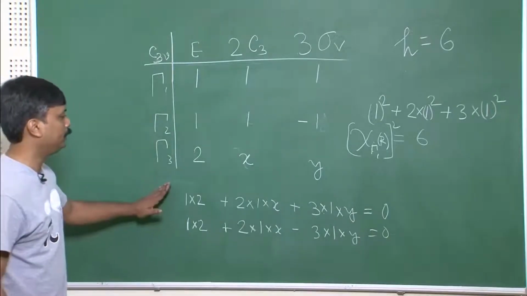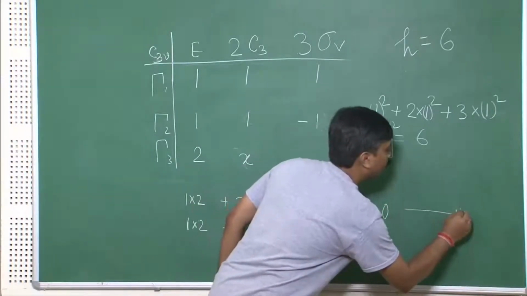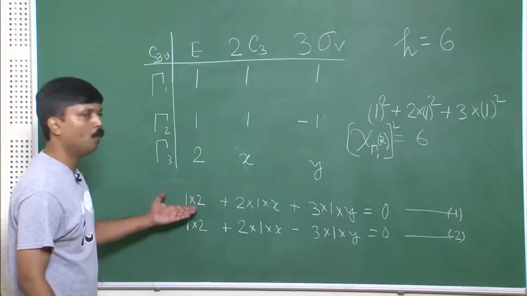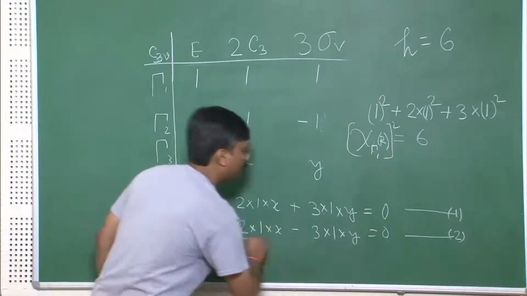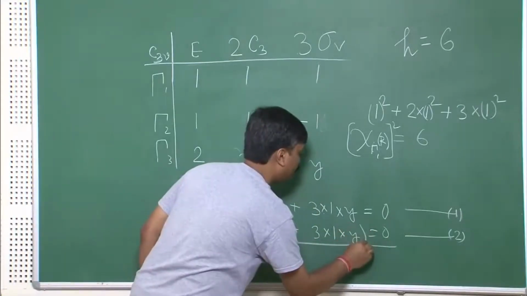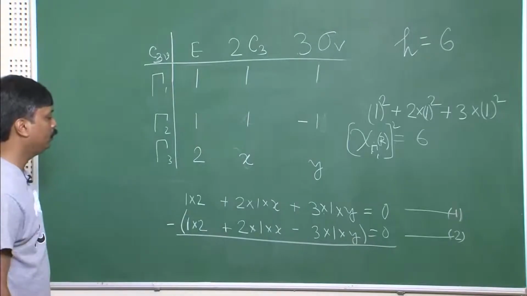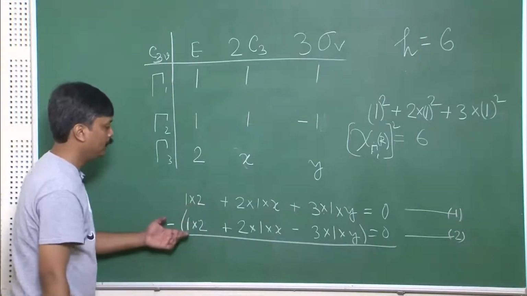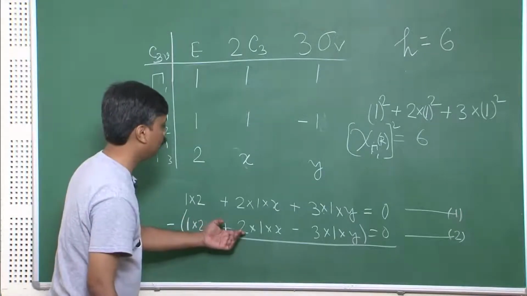Now, this is my equation 1 and this is my equation 2, and if I subtract 2 from 1, then what do I get? If I take the whole minus of this one, then this 2 gets cancelled, and this one also gets cancelled.